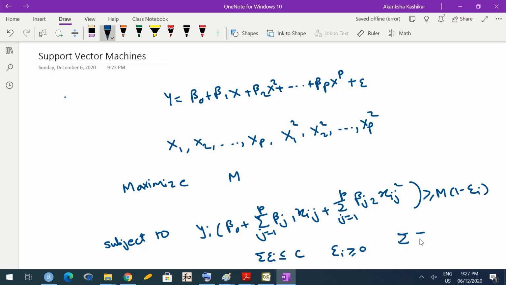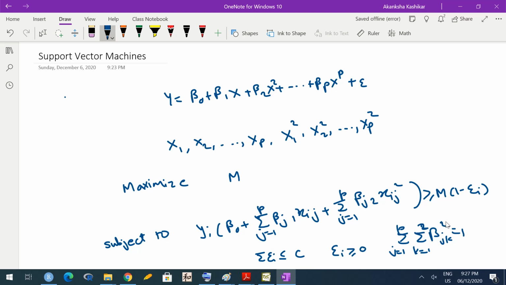So the double sum of beta jk square should be 1, where k goes from 1 to 2 and j goes from 1 to p. Beta j1 is for the linear term and beta j2 is for the corresponding quadratic term.